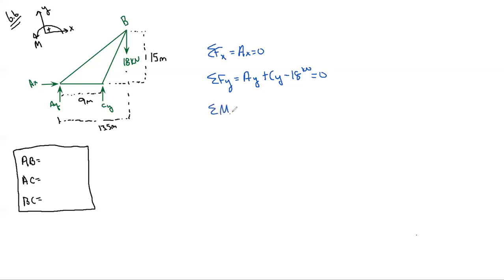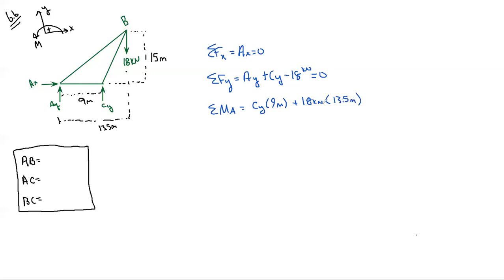Taking the moment about point A means AX and AY would not be players. CY is a player times 9 meters, plus the 18 kilonewton external force, which is 13.5 meters.